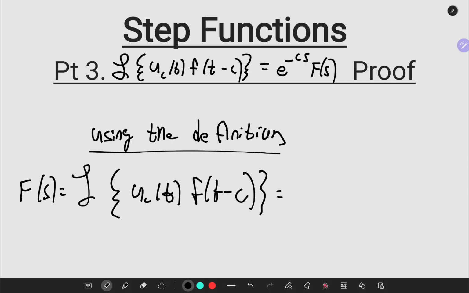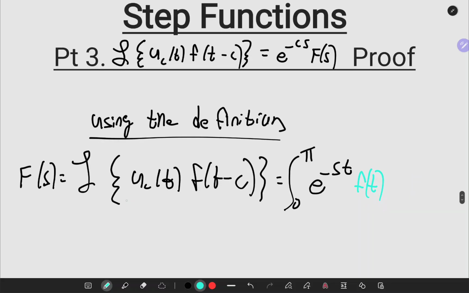So, to do it, we start with the definition. If you remember, the definition is as follows: the integral from 0 to infinity of e^(−st) times f(t) dt. Now, f(t) in this case is all of this.